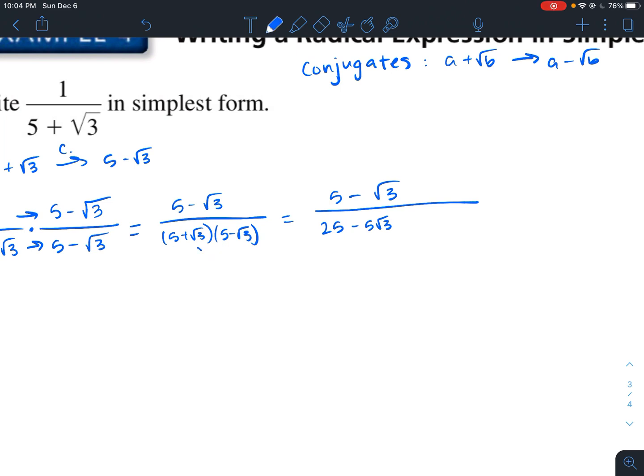And then positive square root of 3 times 5 is just positive 5 square root of 3. And then I have square root of 3 times negative square root of 3, so that's going to be minus the square root of 9.